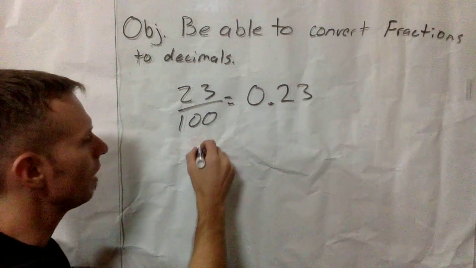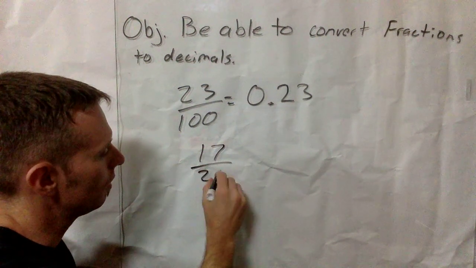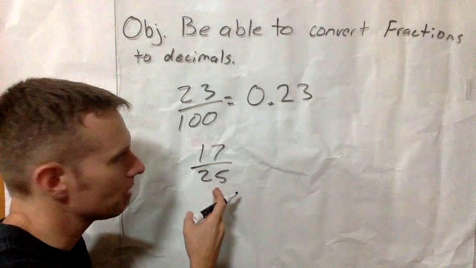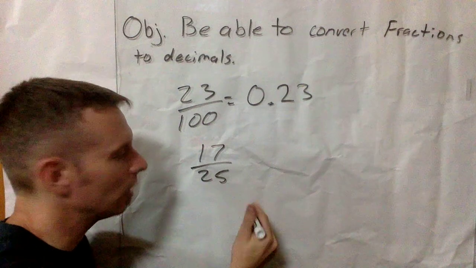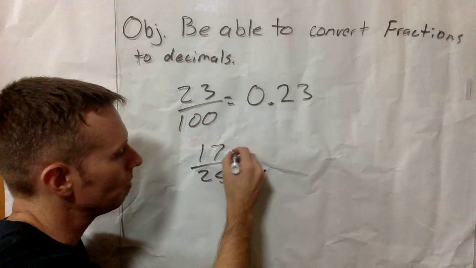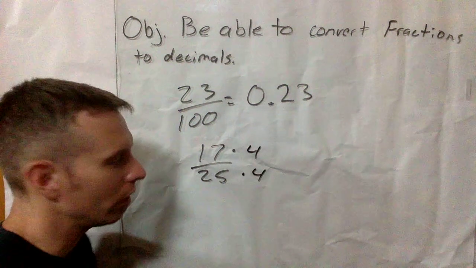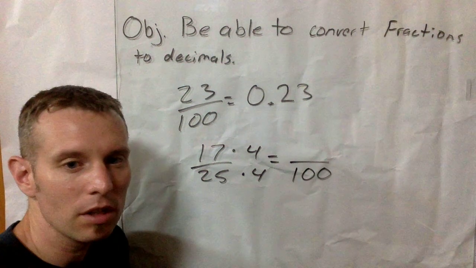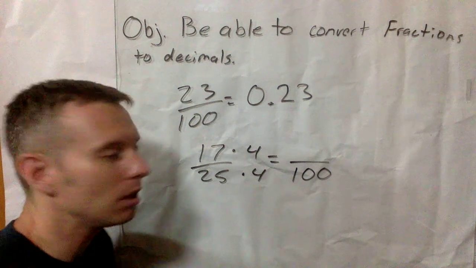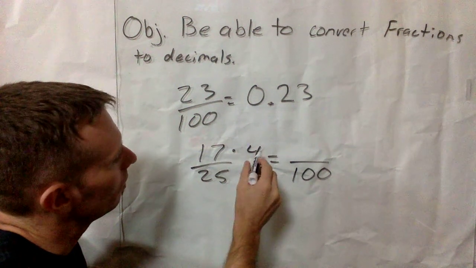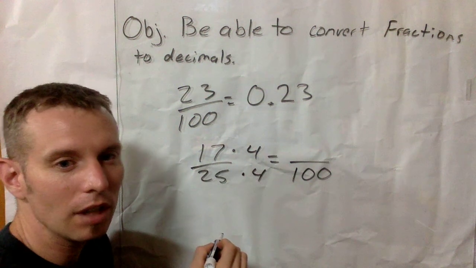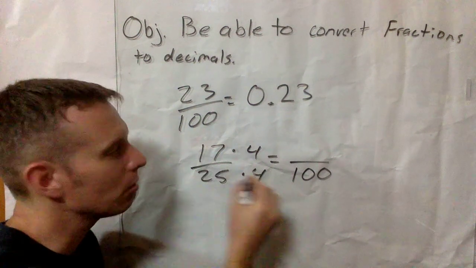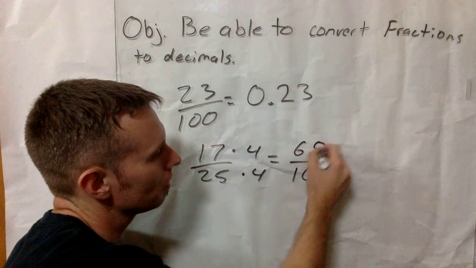If I had the fraction 17/25, again, I could divide it out, but a better way is, how can I make this bottom become 100? Well, simply multiply times 4, and the bottom becomes 25 times 4 is 100, and the top is going to be, let's see, 4 times 7 is 28, 4 times 10 is 40, so 40 plus 28 is 68.